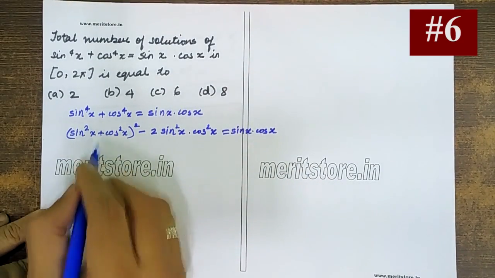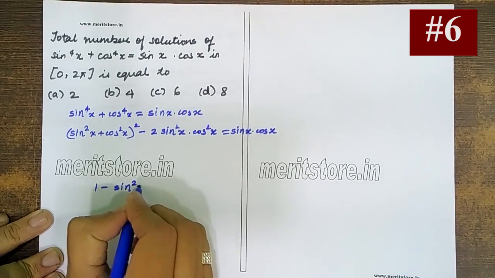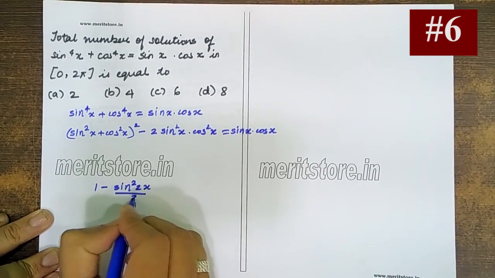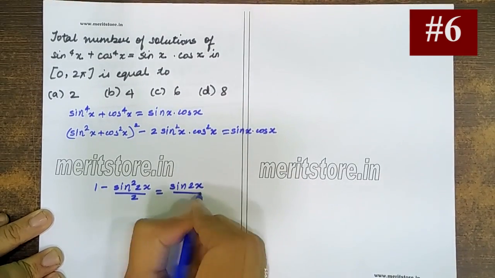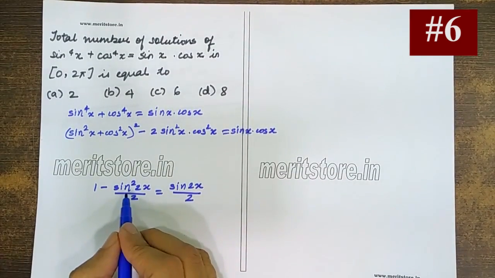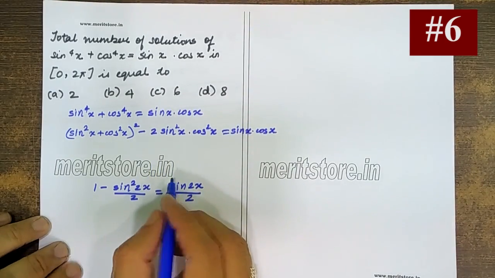Now sin square plus cos square is 1, so this is 1 minus sin square 2x by 2 is equal to sin 2x by 2. This we got by applying the formula sin 2x is 2 sin x cos x.